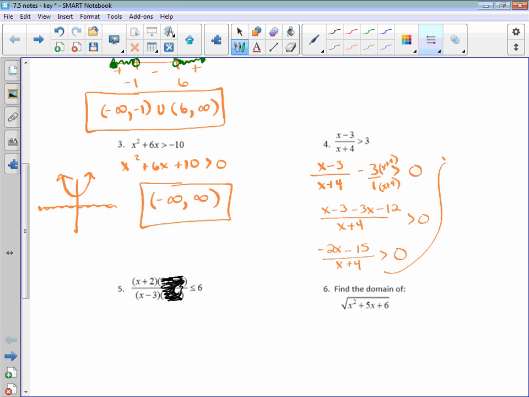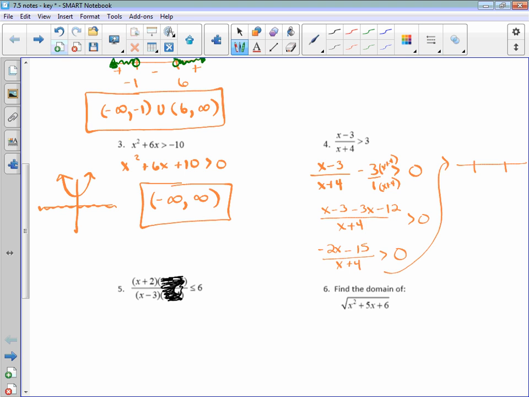So I'm going to go over here. I'm going to have 2 points on my number line. What do you think they're going to be? Negative 4, that's the easy one. And then what do we get from our numerator? Positive or negative? Negative, right?